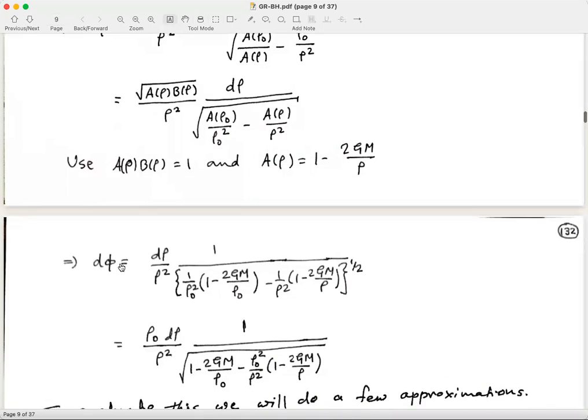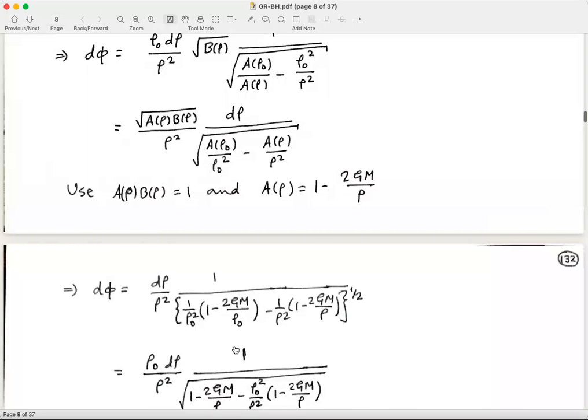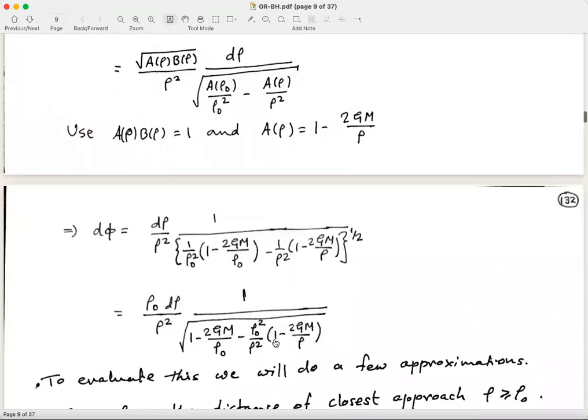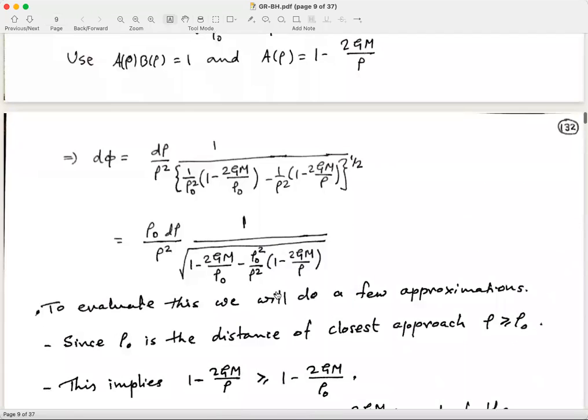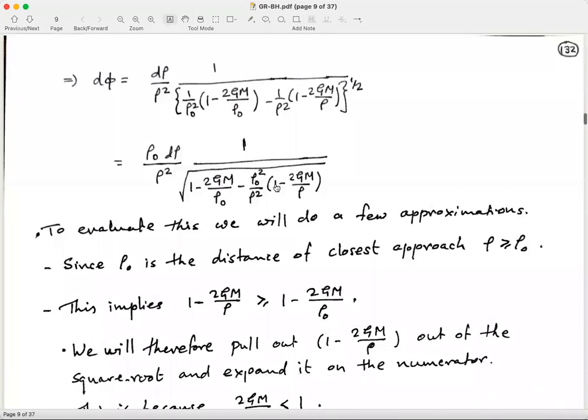Here's the thing: we write down d rho upon rho square. This is set to 1, and we expand this expression by saying that rho is always greater than rho naught. Therefore, 1 minus 2gm upon rho is larger than 1 minus 2gm upon rho naught, because rho is larger than rho naught.